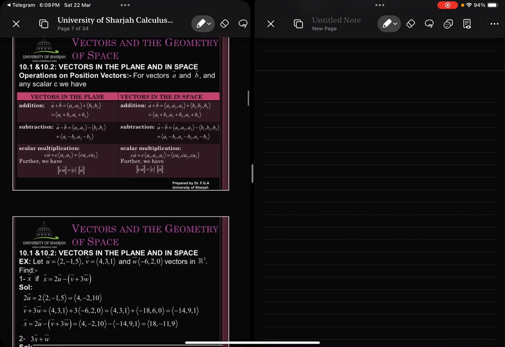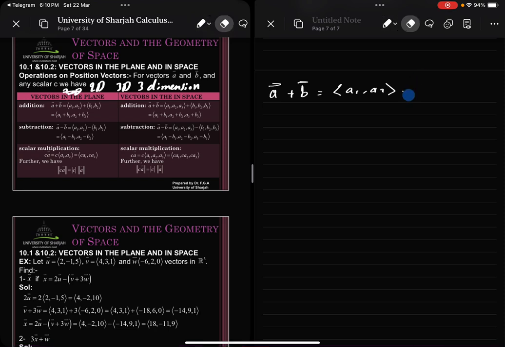Here we have this table, with 3 dimensions and 2D. Here we have A plus B, it will be (A1, A2) plus (B1, B2).